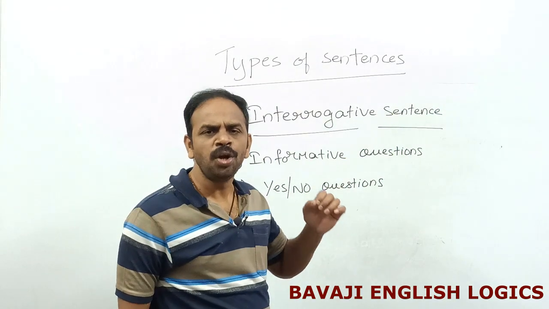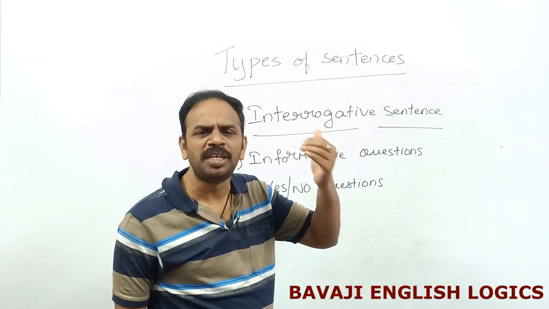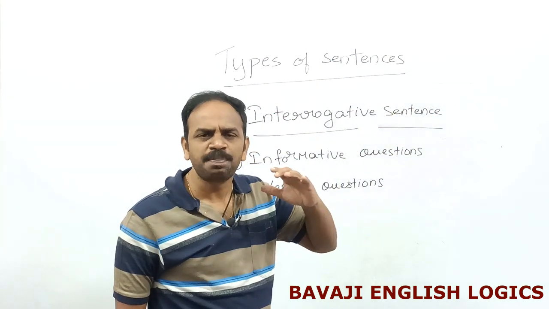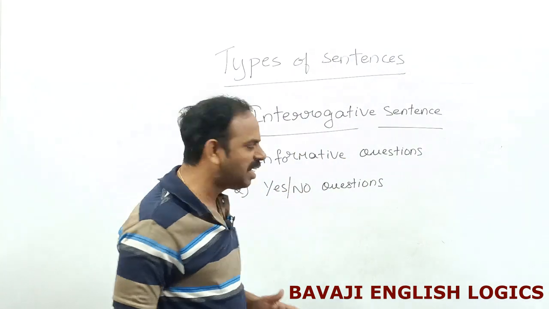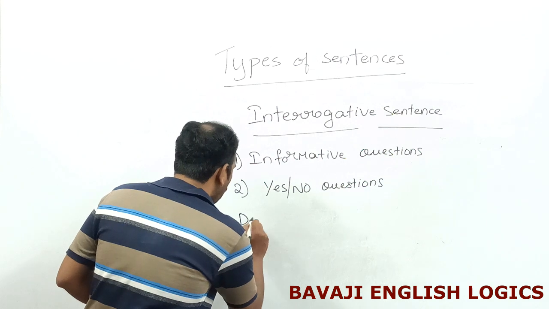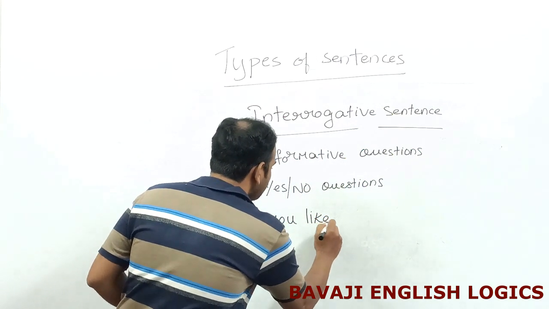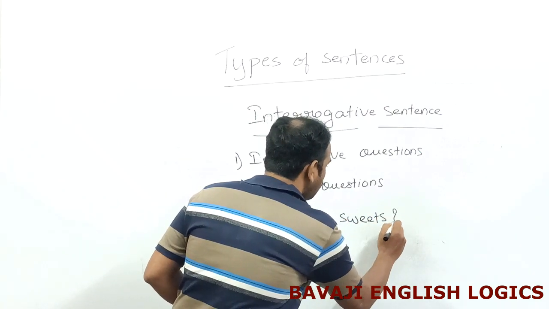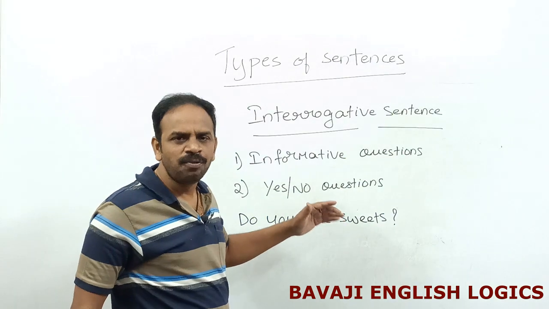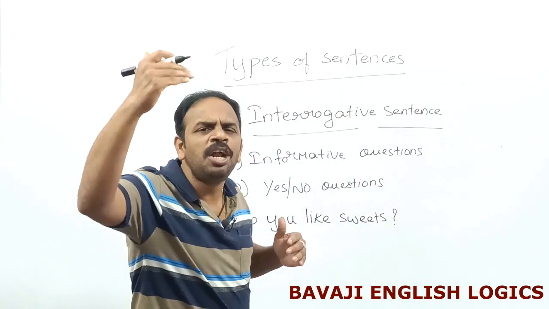Coming to yes or no questions. Yes or no questions need not give full information. You can give a response either in the form of yes or no. For example, do you like sweets? You don't need to give full information.